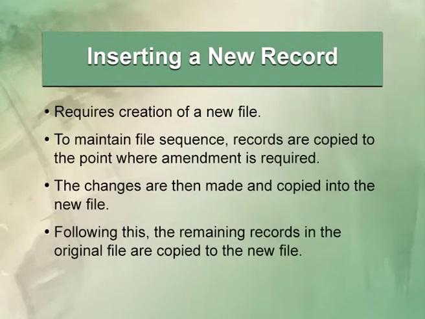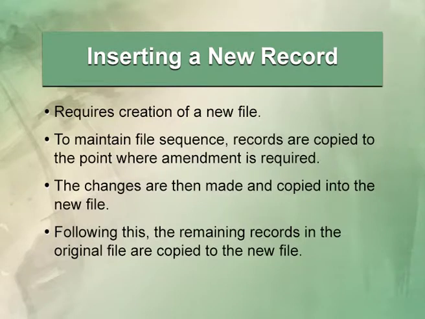Inserting a new record in the sequential file organization requires creation of a new file. Why? Because the sequential file organization sorts the records on some key factor. To maintain the file sequence, records are copied up to the point where amendment is required.